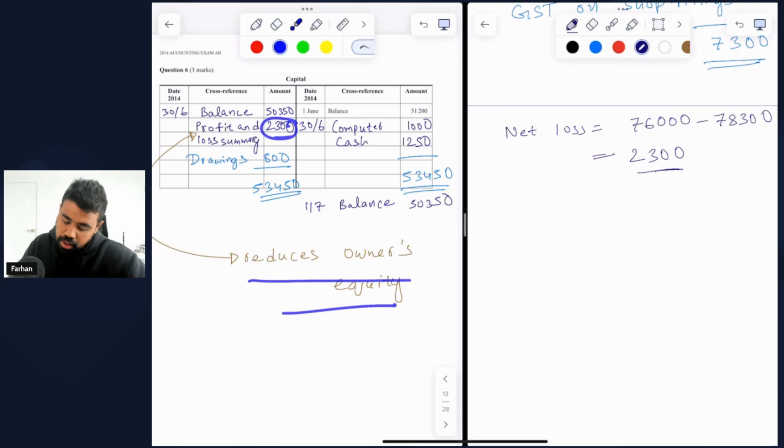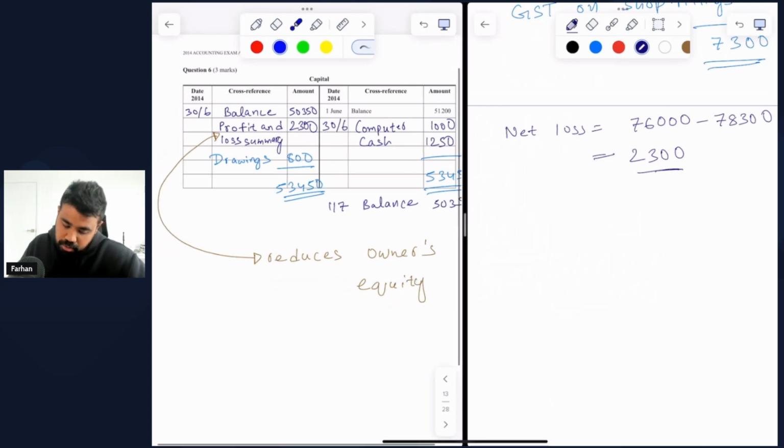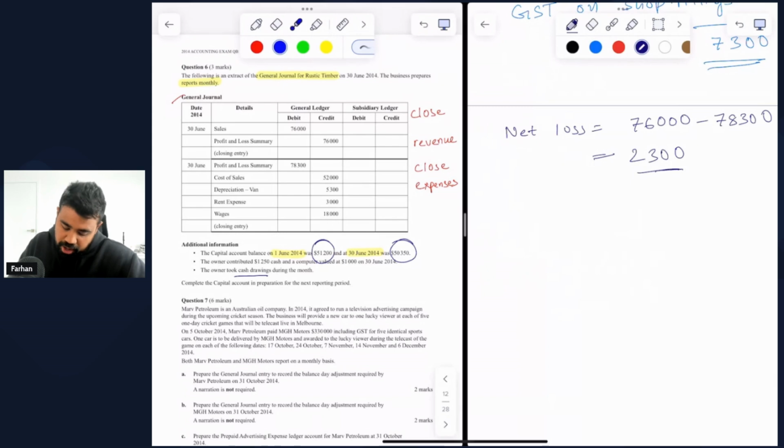Okay. Now, during the year, based on the additional information, we know that the second sentence says the owner contributed $1,250 cash and a computer valued at $1,000 on 30 June 2014. So this is referring to additional capital contribution. So capital is going up, and if capital goes up, we have to credit them.